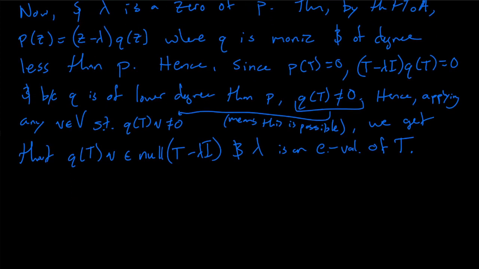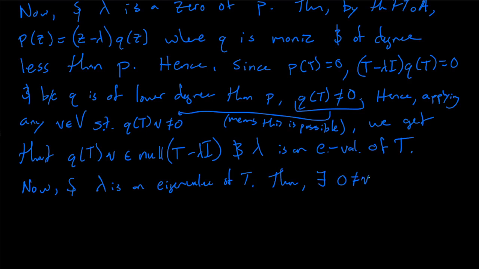Nice. Now what about in the other direction? Now suppose lambda is an eigenvalue of T. Then there exists some non-zero v in V such that Tv is equal to lambda v.